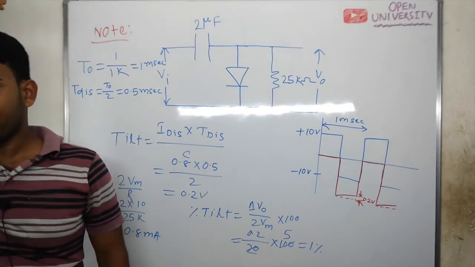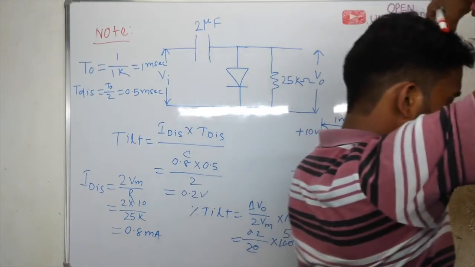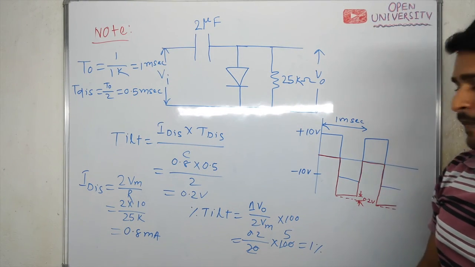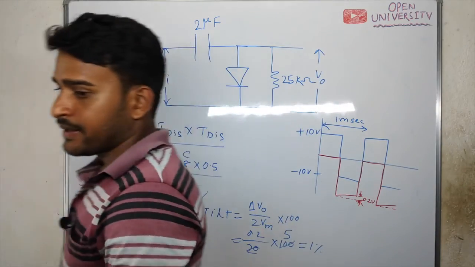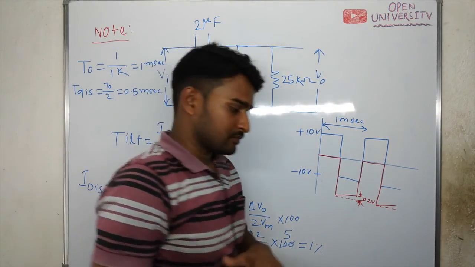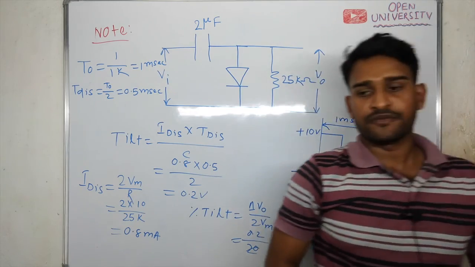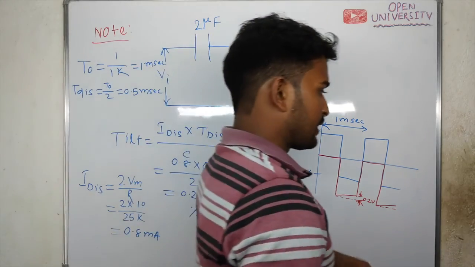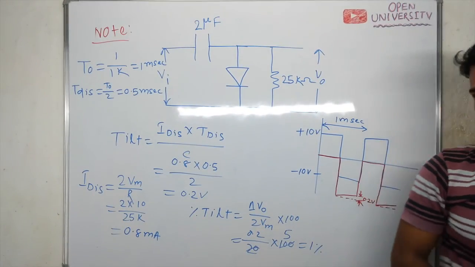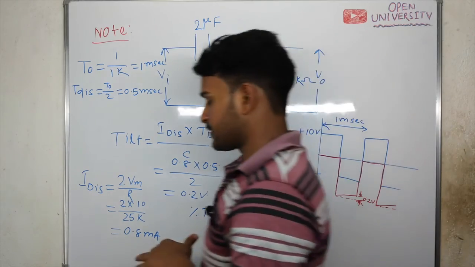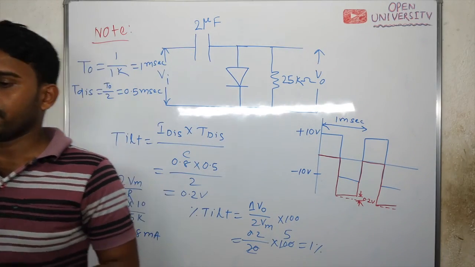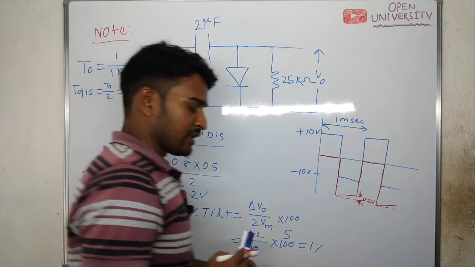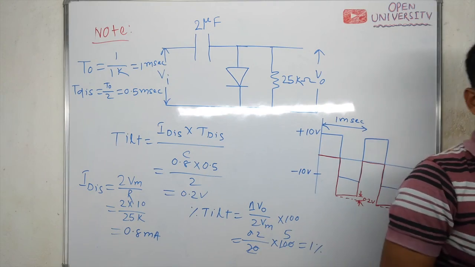Tilt in the output can be kept smaller by connecting a large resistor. Due to this, the capacitor discharges slowly, and the tilt delta V naught becomes smaller.